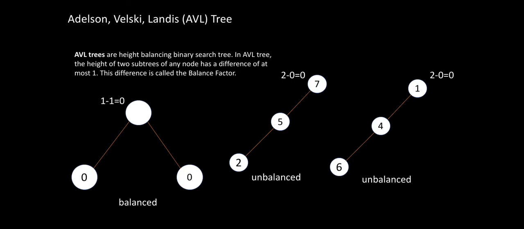This here is a balanced tree, while this one is descending order, and this one is ascending order. It's supposed to be 2 here.